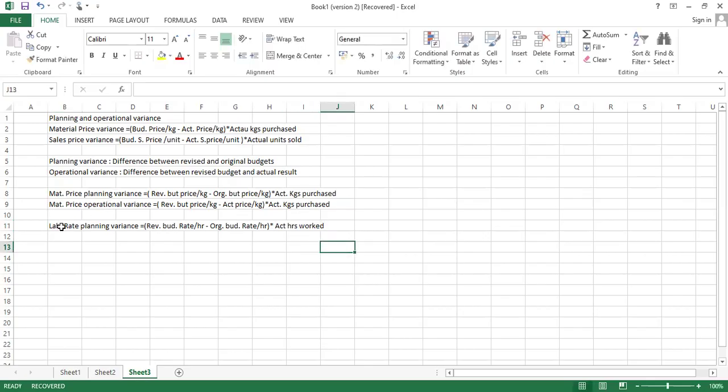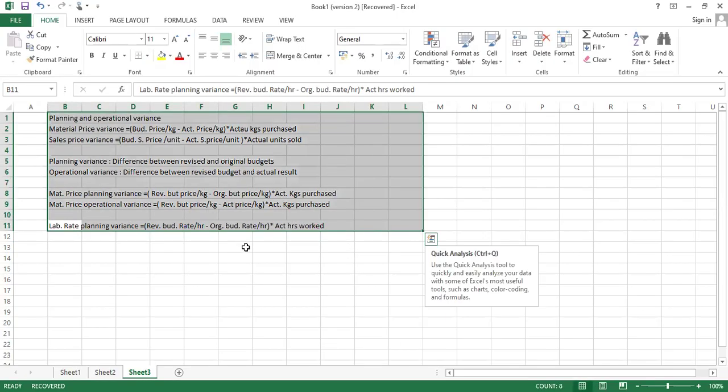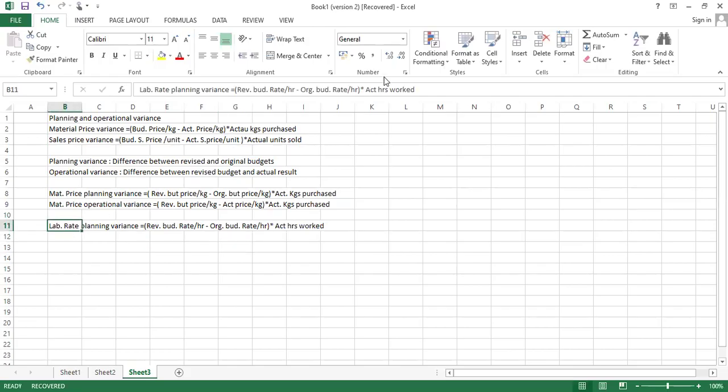In fact, not worked, into actual hours paid. If paid is not provided, then paid and worked are the same.